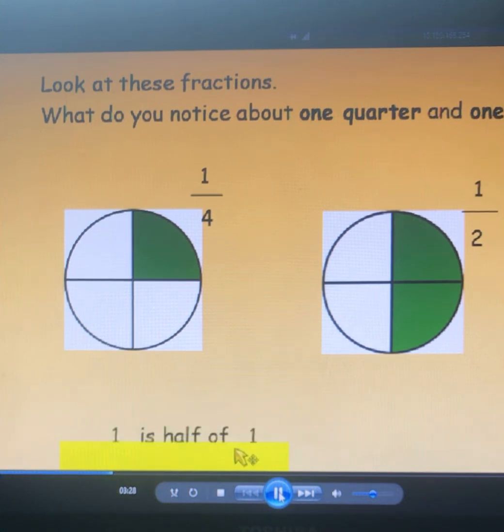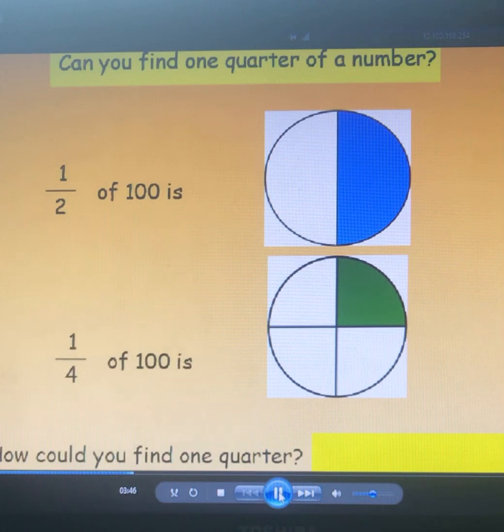So last lesson we said 1/4 is half of a half, yeah? So here I've got a half. If I half that half, which is confusing, isn't it? Then I get a quarter. Half of a half is a quarter. So we're going to use that to find out quarters of numbers. So just listen up then, and it will all make sense in a minute.